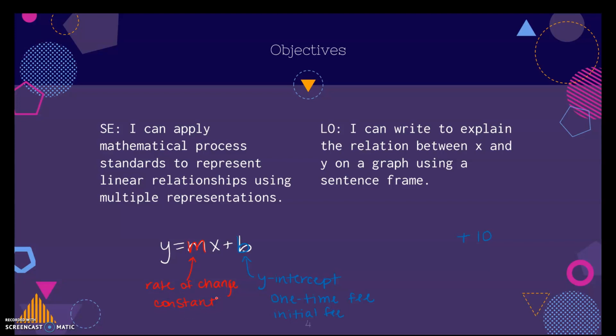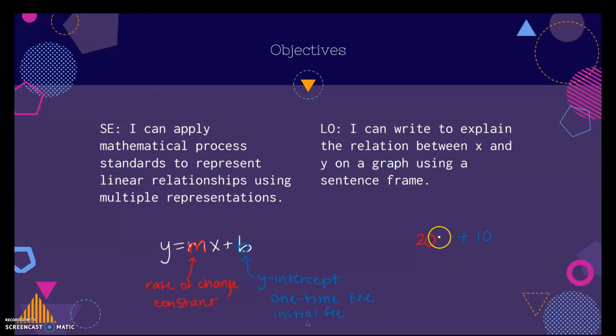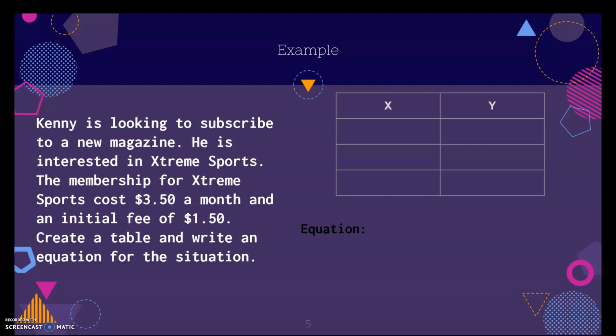So for the example that I gave you guys before with the kayak, it was $20 an hour for the kayak. So I would multiply $20 times however many hours I was out there. So in that situation, x was the number of hours I was kayaking. So 20 times the number of hours, and then I was adding the 10 because I had that $10 fee no matter what, even if I didn't end up going, okay?